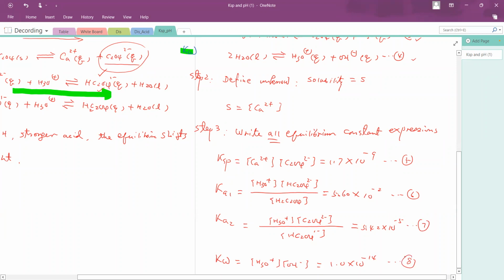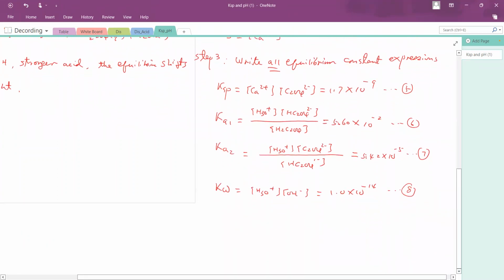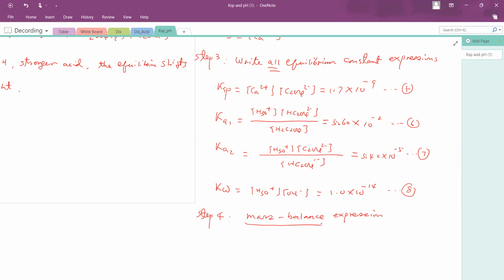So any question until this point? Excellent. Let's move on. Now we are going to step 4. In step 4, we are going to use the mass balance expression. As you know, because calcium oxalate is the only source of calcium ion, that's the only source, right?